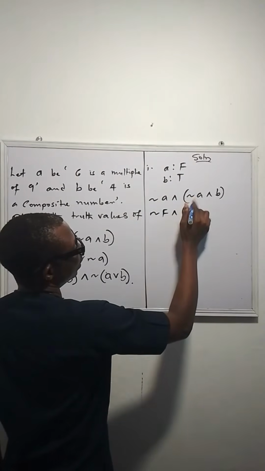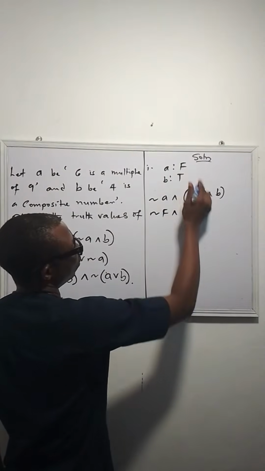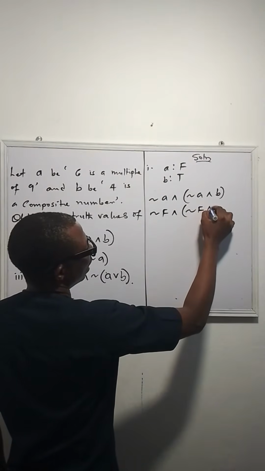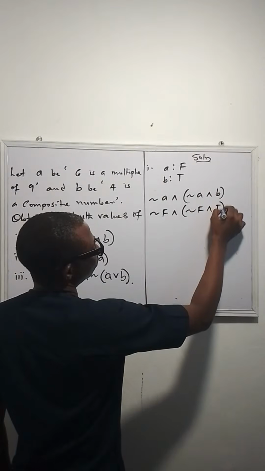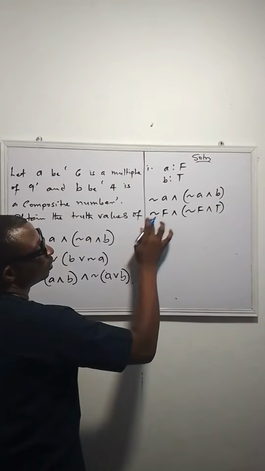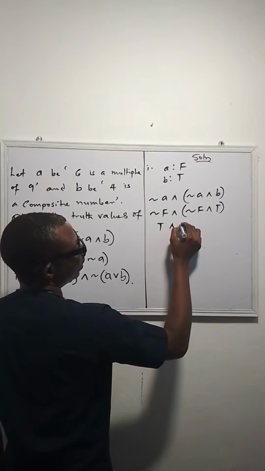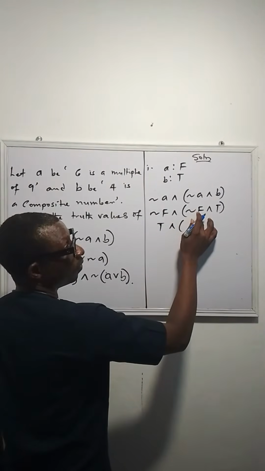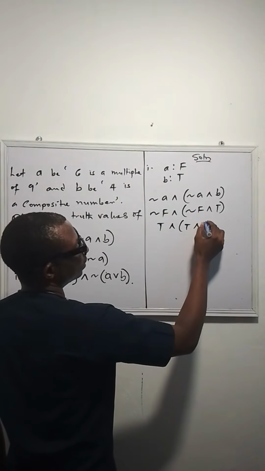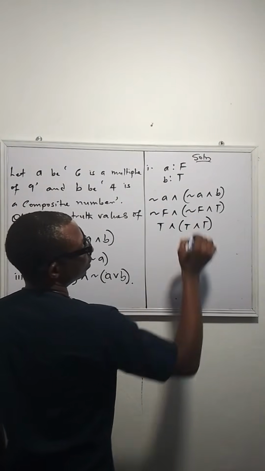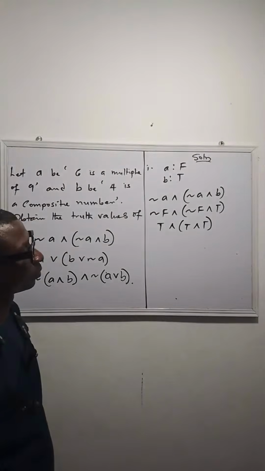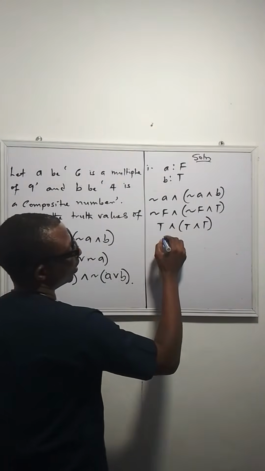And B is true. Now, negation of false is true. So now let's do the one we have in the brackets.